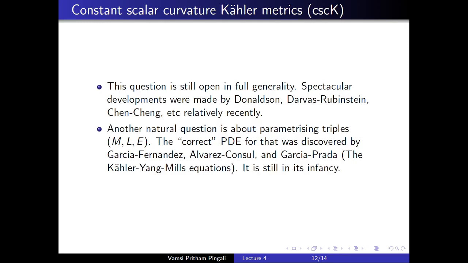That is still in its infancy, with very few results known. Sorry for the shameless promotion, but with these three authors and with Chengjian Yao, I also contributed a little bit to this. But this area is still in its infancy.